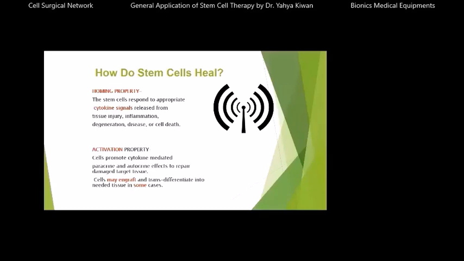The other way that stem cells work is by engrafting. Engrafting means it will be grafted to a damaged part. If it is a myocardial cell, they change into a myocardial cell. If it is cartilage, they change into cartilage. So, differentiation into the specific cell type or damaged cell.